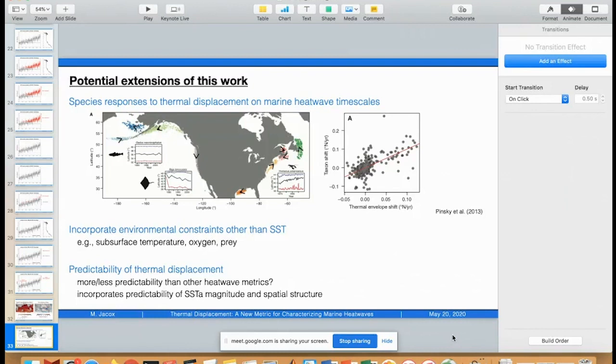But my question is, branching off what Antonietta brought up earlier, is the variability in the range of a species, are they going to move in the same direction as they would in the mean? And does it have to be the same thing? Are they always going to follow the path of least resistance? If temperature is 100% what drives their movement, are they always going to go the shortest distance between them and that nearest isotherm, that sort of thing?